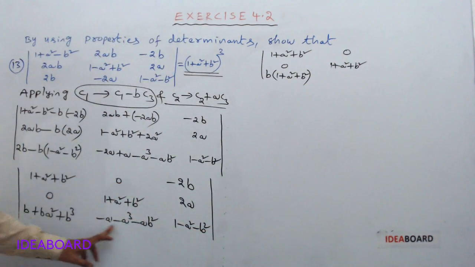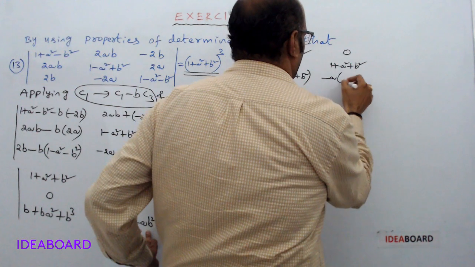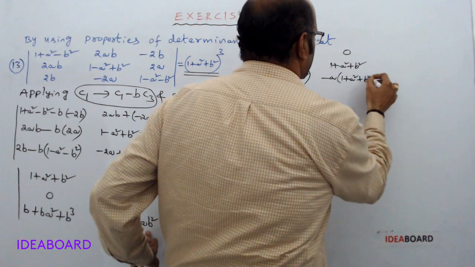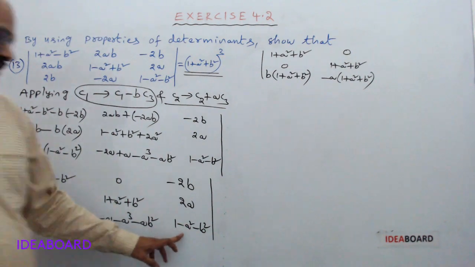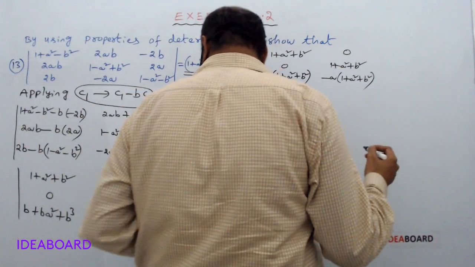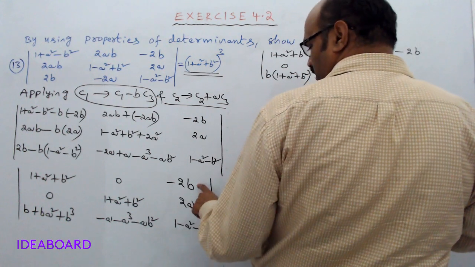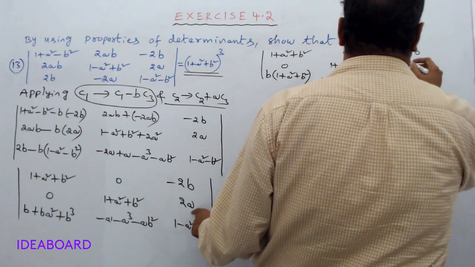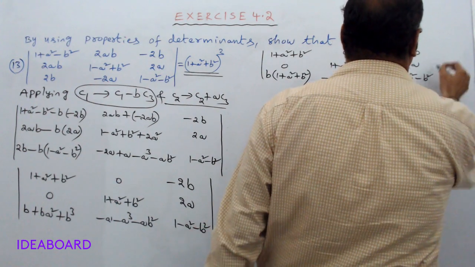Next we have minus a common here. Minus a, if you take common, 1 plus a square plus b square. Next come to c3: minus 2b, nothing is common in c3, 2a, 1 minus a square minus b square.